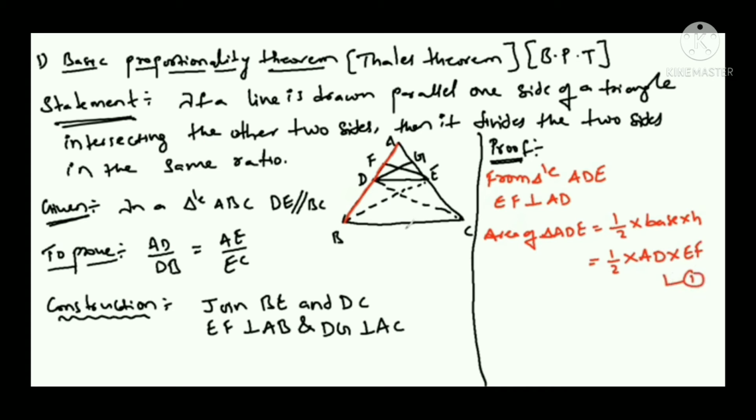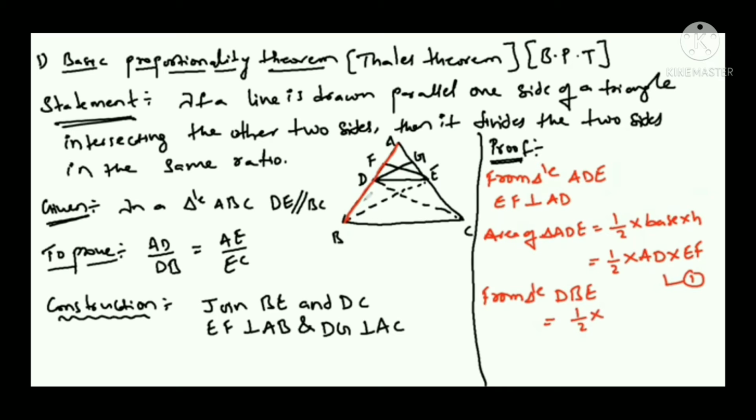Next, another triangle with the same base. ADE is done. Now the remaining part is DBE. Don't take DBC, we are taking DBE. From triangle DBE, again the area is equal to half into, now you are taking DBE, right?